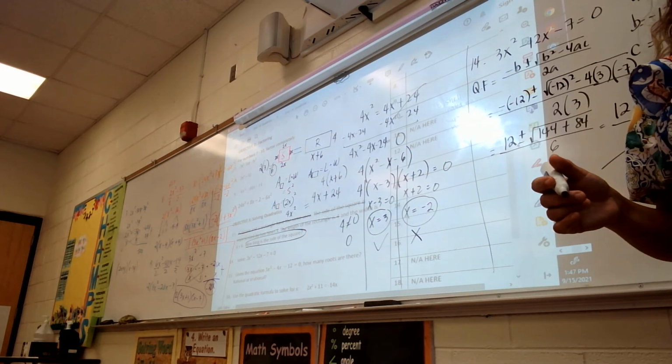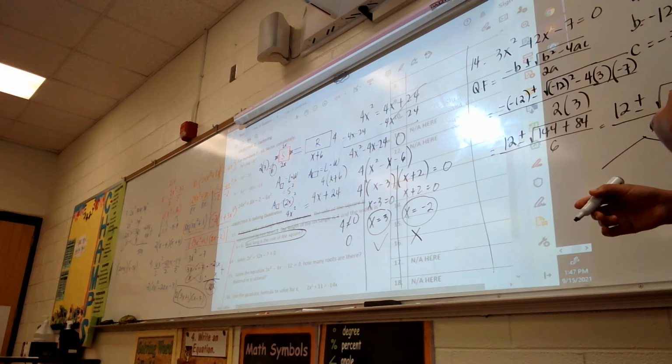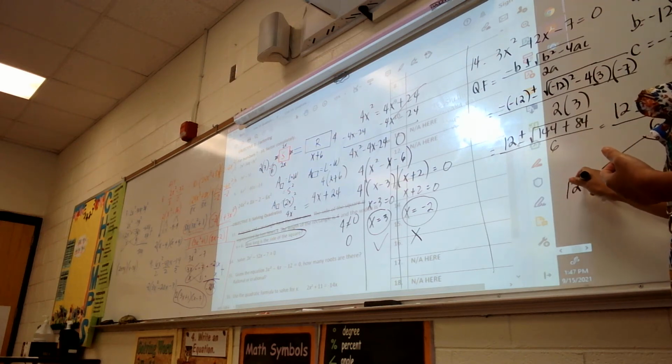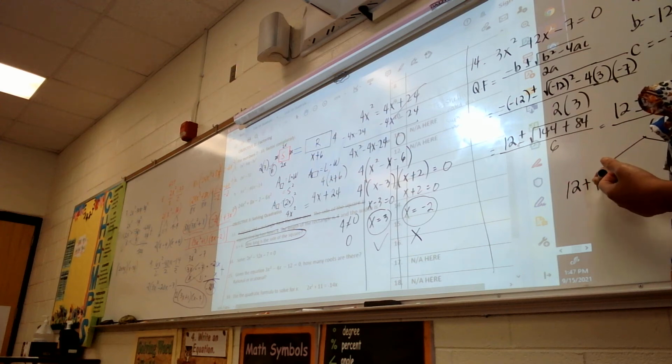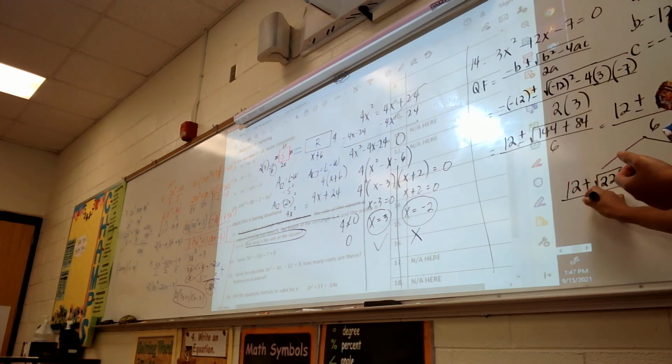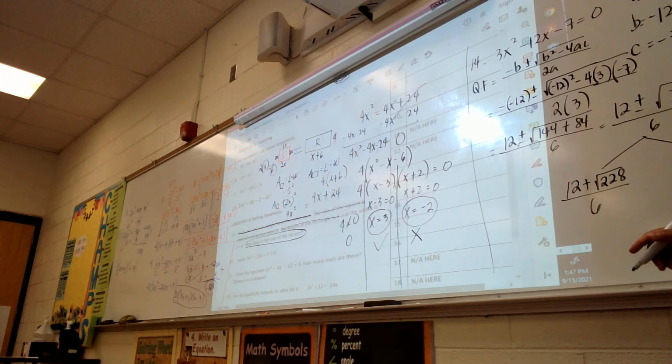But since we're doing it manually, I can separate this: 12 plus the square root of 228, divided by 6, and the other one is 12 minus the square root of 228, divided by 6.